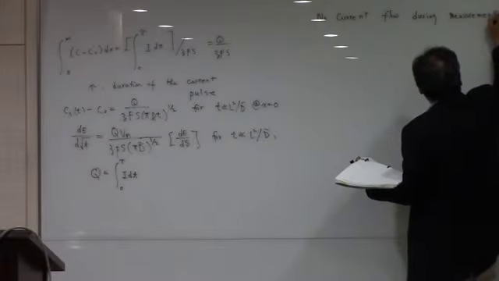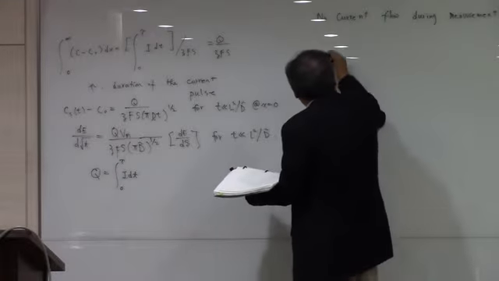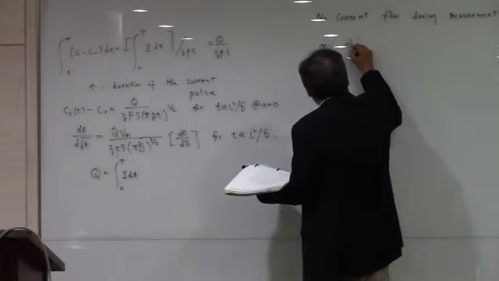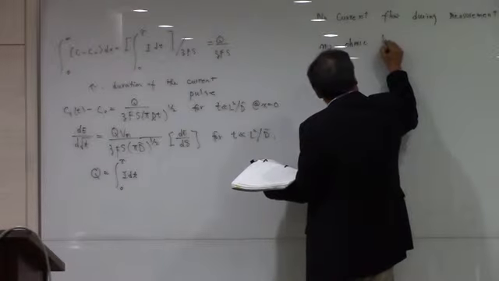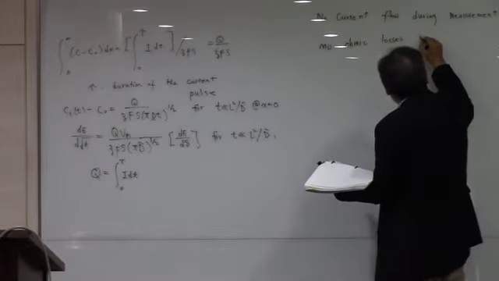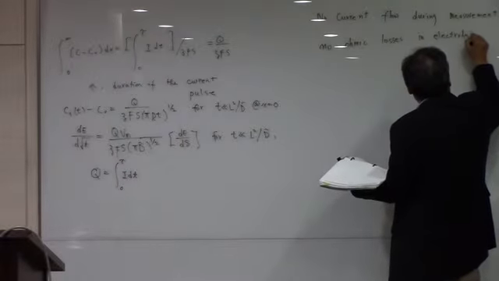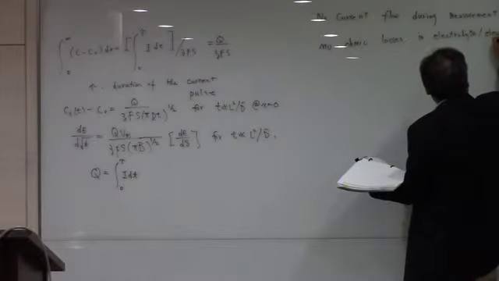We just use the pulse, okay? No ohmic loss in the electrolyte electrode interface.